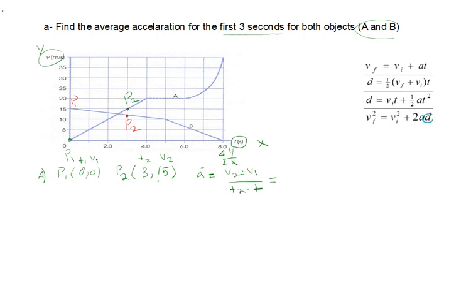So we put these numbers in: 15 minus 0 divided by 3 minus 0, which is 5 meters per second squared, and that is positive. You can add that positive in there, or you can leave it, that's fine. I would prefer that you do write it, but I'm not going to penalize you for it.